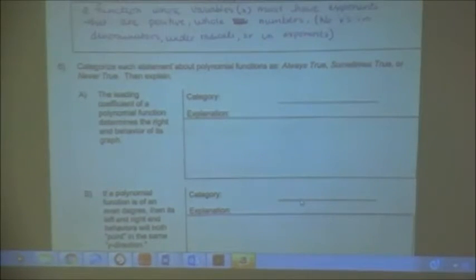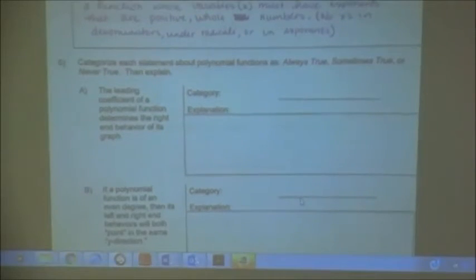If the x's show up in any of those places, they are something else. They are not polynomials. So I'm going to give you the polynomial form, and then I'll give you an example. Because when I write down what the polynomial form looks like, it's very overwhelming, but it's not.